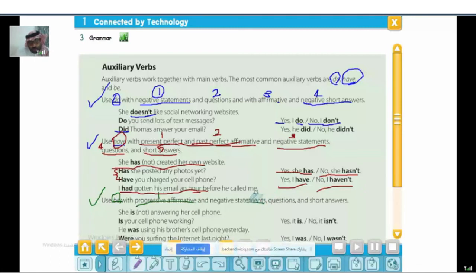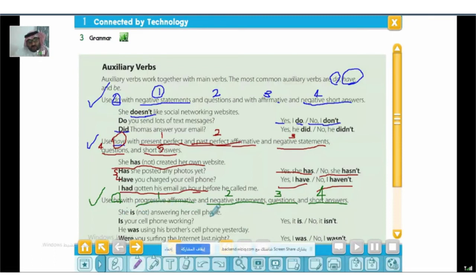Number two, with a negative statement. Number three, with questions. Number four, with short answers. And we have examples here.